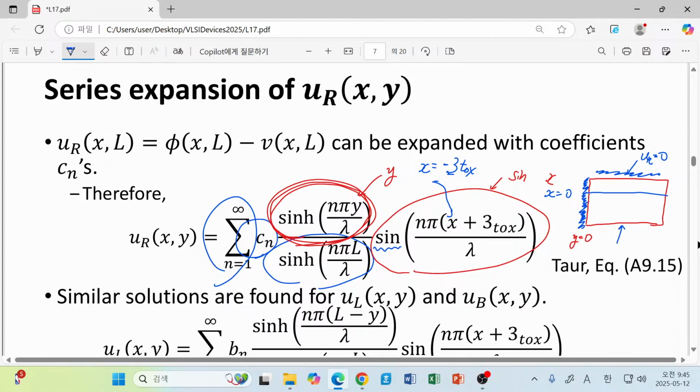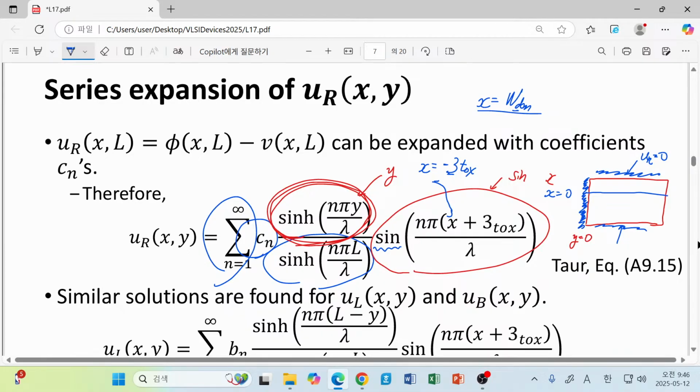And how about this bottom surface? Bottom surface is given as x equal to, let's say, maximum depletion width.